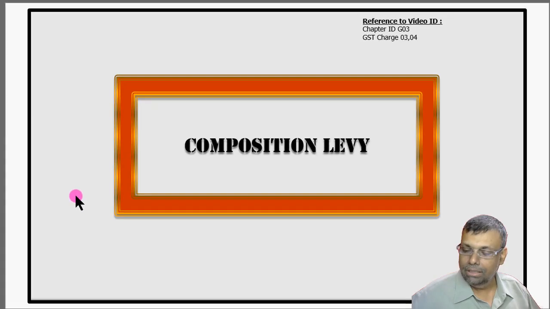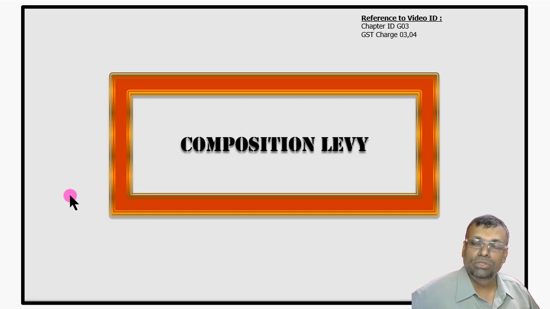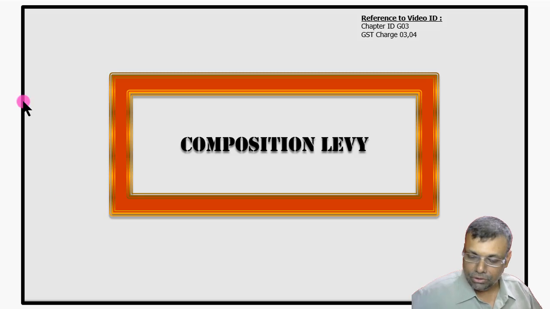Now friends, let us quickly revise the composition levy or the composition scheme. As you already know, this composition scheme is a simplified scheme for specified sectors, with easy operations under GST, no detailed calculations, easy implementation, everything is simple.